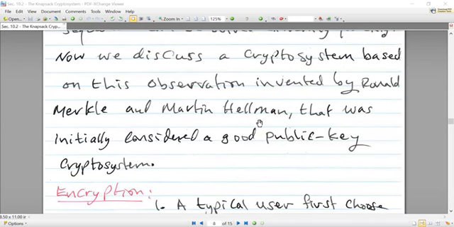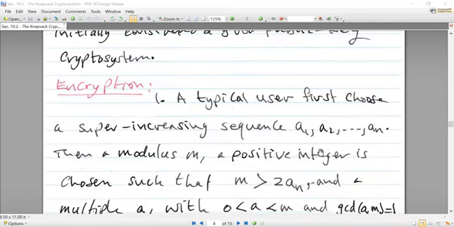The idea is to take as the secret key a super increasing sequence, and then use a way to associate with this a sequence that is not super increasing, and then create a knapsack problem using the non-super increasing sequence. So let's see how this actually works.